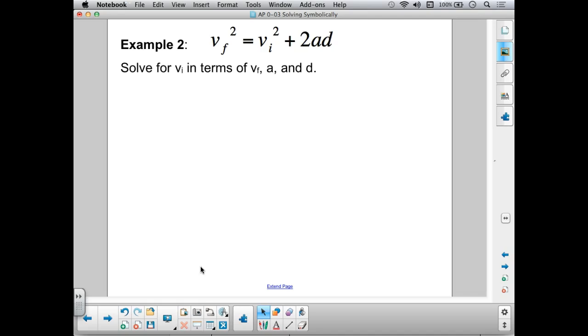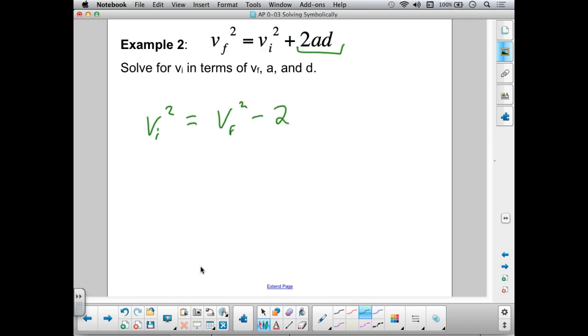So if I want to get VI by itself, the first thing I need to do is get this term off to the other side. So I'm going to subtract 2AD from both sides. So I can get VI squared equals VF squared minus 2AD. And I still haven't gotten VI by itself.